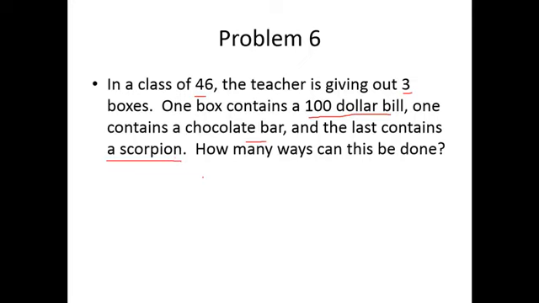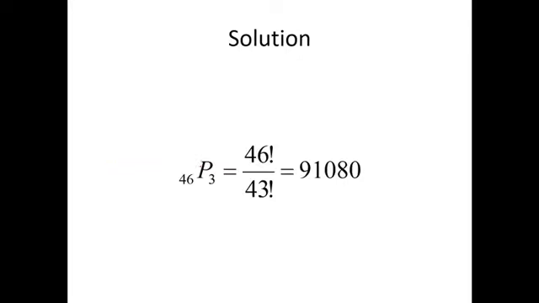They're all different. So you'll be labeling each of these in a distinct way. So it's a permutation problem. So 46 P3. You either punch the button or you work through the calculation. 91,080 ways of doing this.